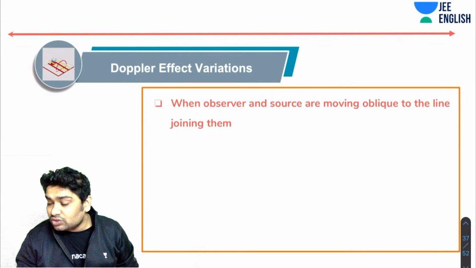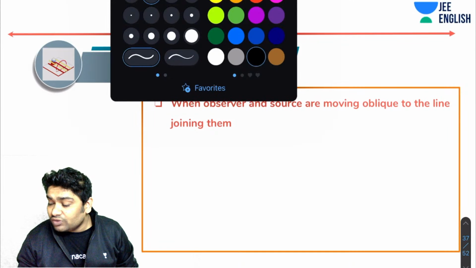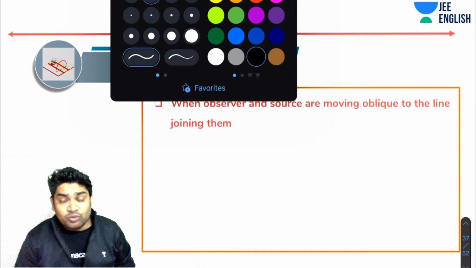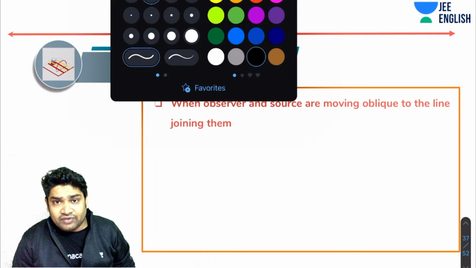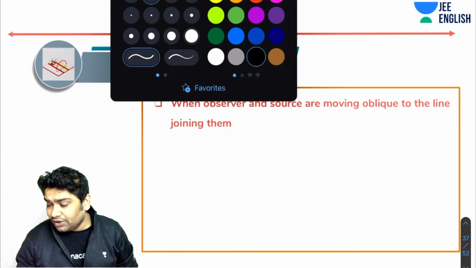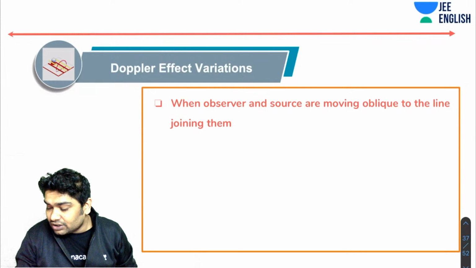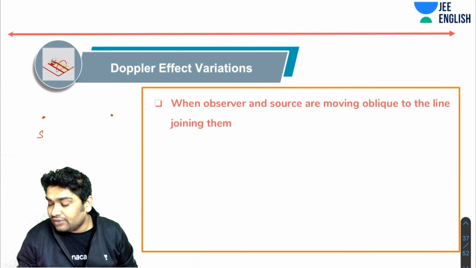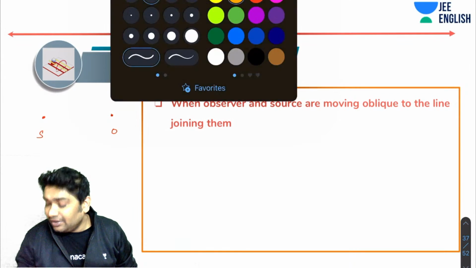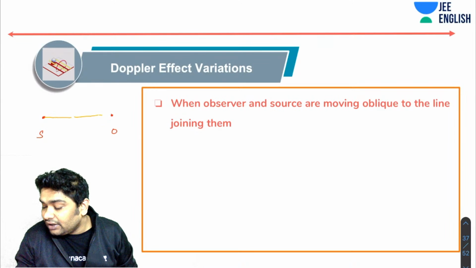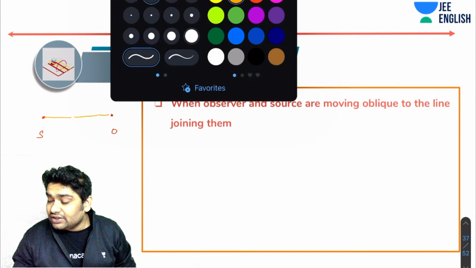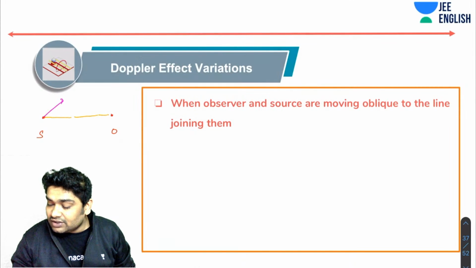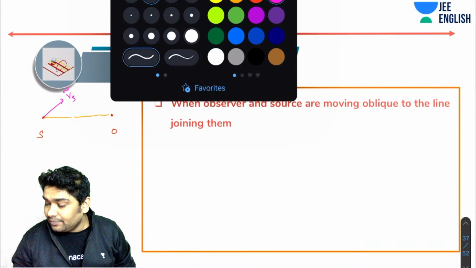When the source was moving perpendicular to the direction of its movement, there was hardly any change in wavelength happening. So if you have a source here and an observer here, and we join the line joining them, and they are moving with velocities, let's say Vs vector and Vo vector.